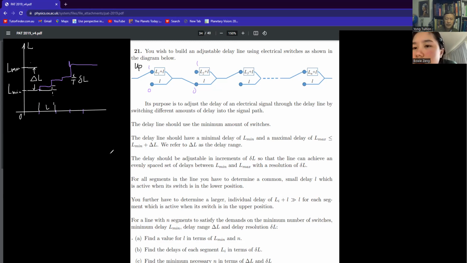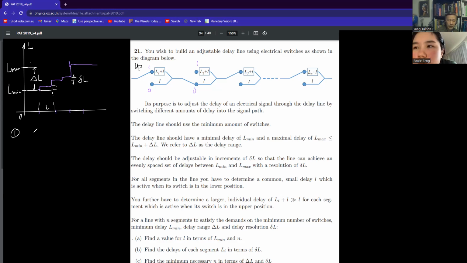Otherwise there's no point to use a different mode. You agree? So my response to this first question is that this increment, due to the added small L delay, is smaller than this delta L.